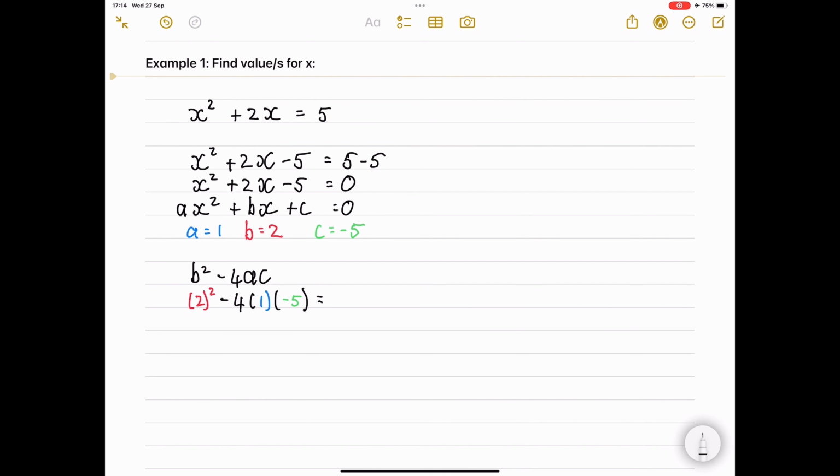And all of this will be 24. So that means that the b squared minus 4ac is more than 0, which means that you will have two real solutions.